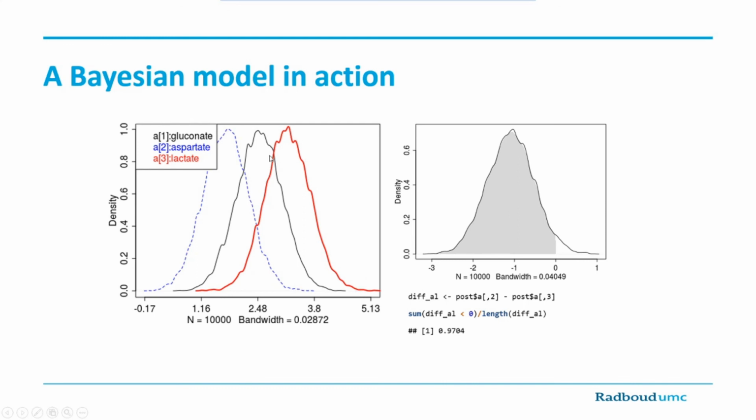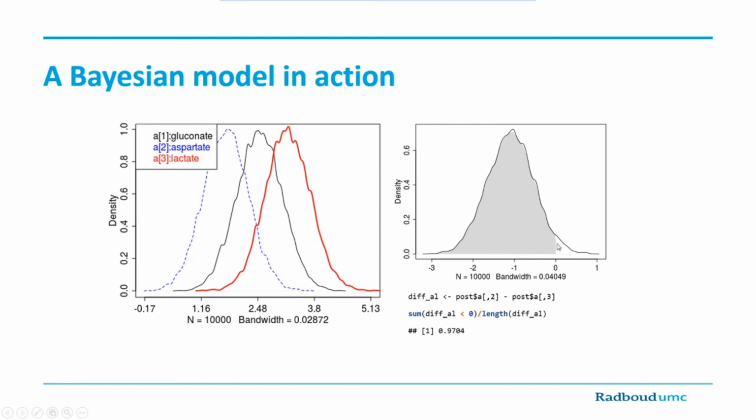So we can subtract from the posterior distribution for magnesium lactate the posterior distribution for magnesium aspartate in blue. And so for each element in this distribution, you subtract a similar element for that distribution, and you get a new distribution, which is the difference, and it's shown here in our code.